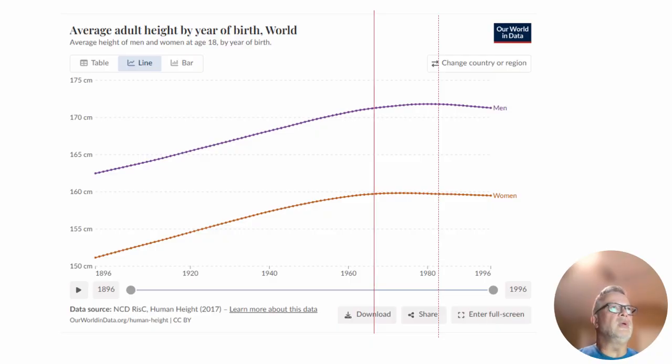And here we have another graph showing human height, and again this graph is global. You see women and men, and this is pretty apparent that in the 60s, I would say 65 maybe, according to this graph, globally we see that human height is stabilizing and going into a plateau.